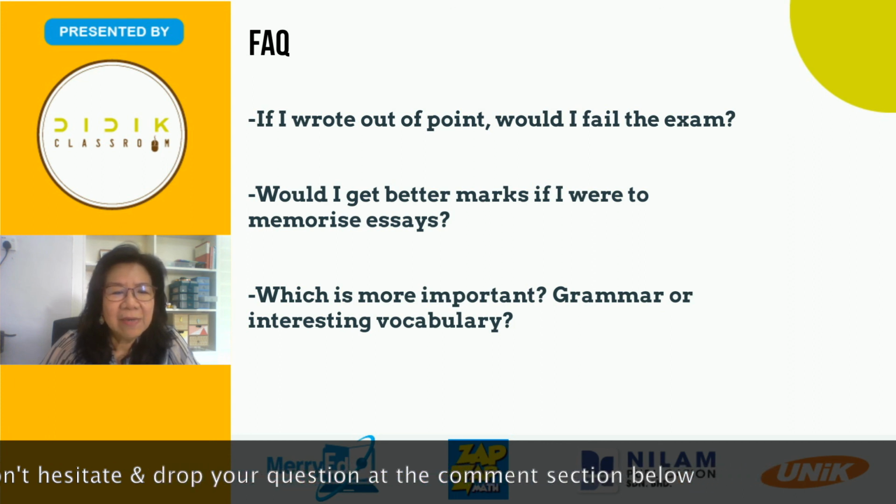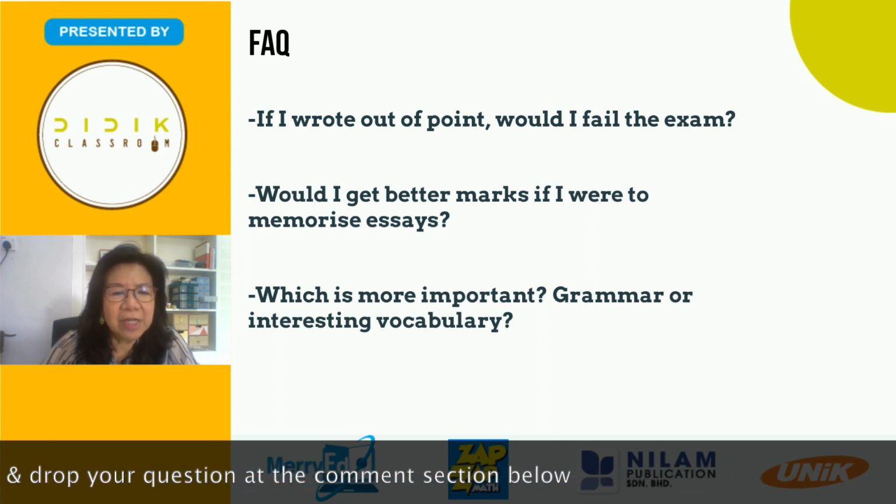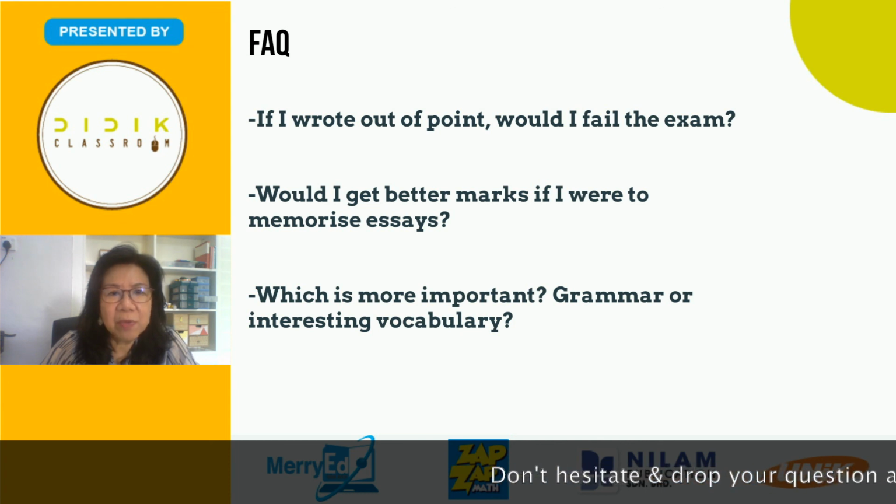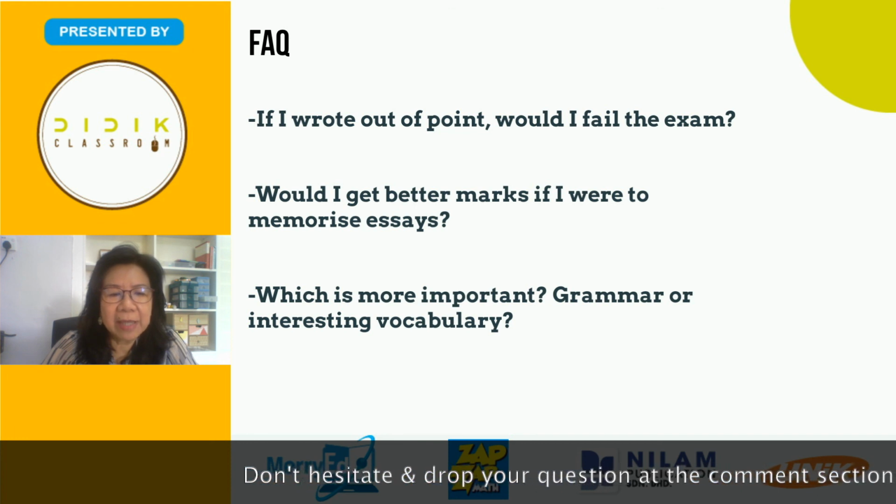Which is more important, grammar or interesting vocabulary? Now, this one is always debatable. So when it comes down to the crunch, would we choose an essay with better grammar or with more interesting vocabulary? Most of the time we would look at grammar rather than interesting vocabulary for marks.